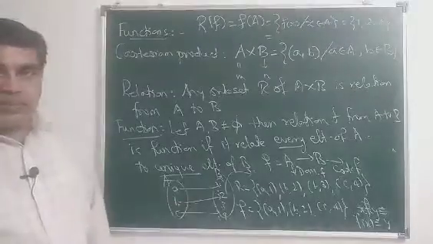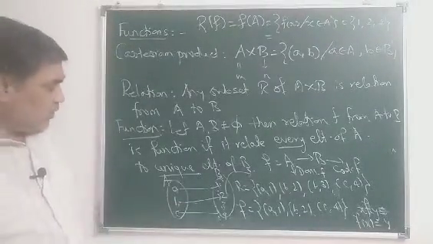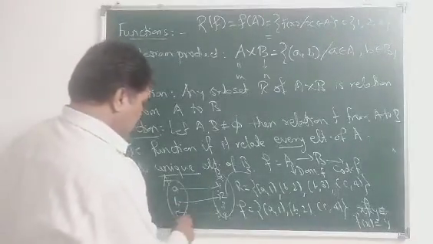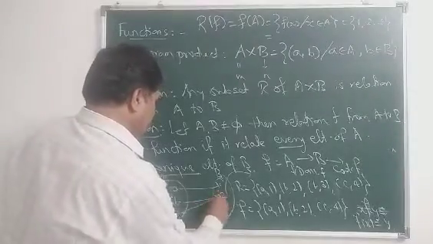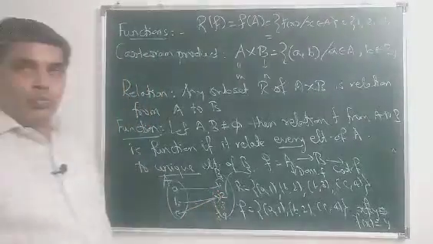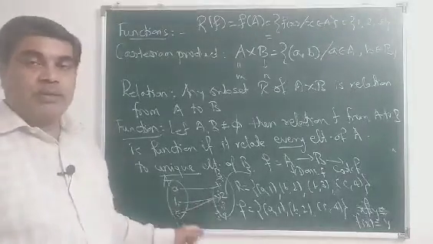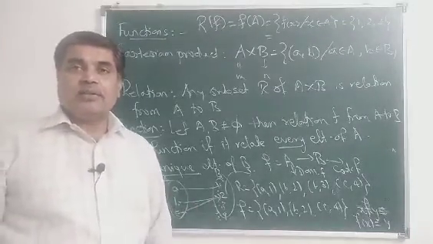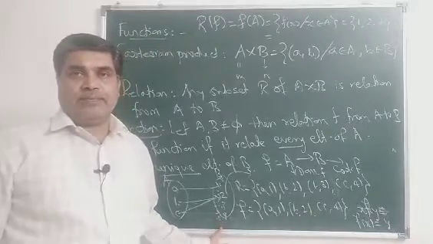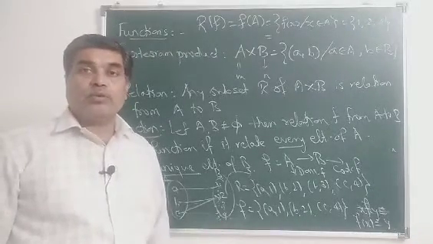Here this function is one-one. But instead of this c, if I take f of c equal to 2, f of b equal to f of c equal to 2, but b is not equal to c in the domain set, then this function is not one-one.